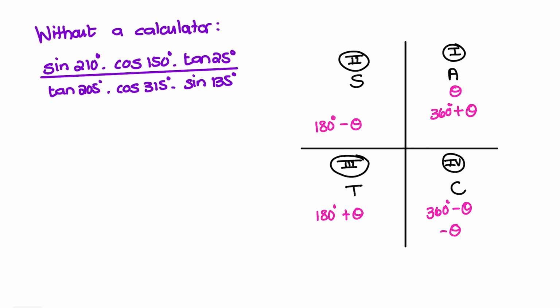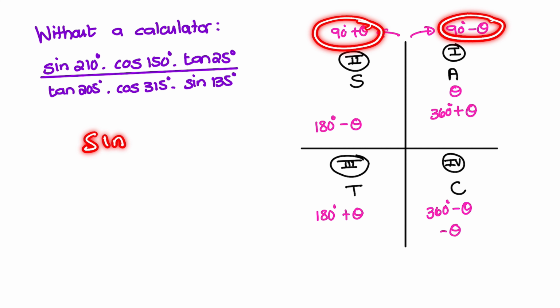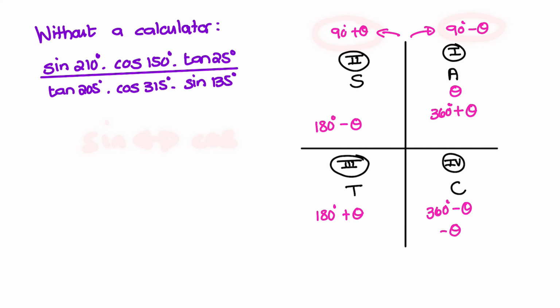You would also have learned about cofunctions, that is 90 minus theta and 90 plus theta. Remember, with cofunctions of 90 minus and 90 plus, sine changes into cosine and cosine changes into sine.